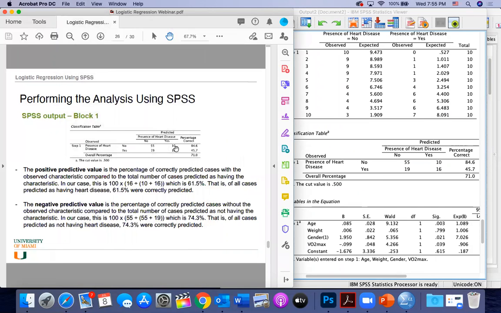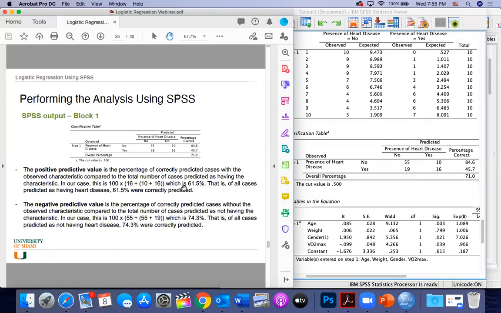So we go to the yes column in the predicted, and see how many cases were classified as having the characteristic, which is 16 divided by the total, 16 plus 10, and then multiply it by 100 to get the percentage.